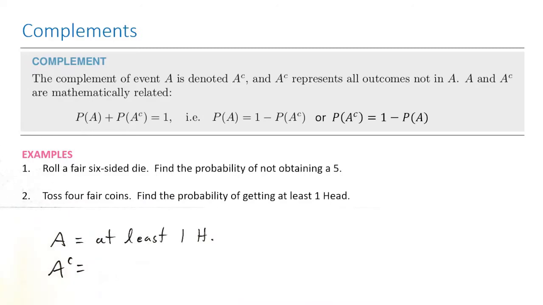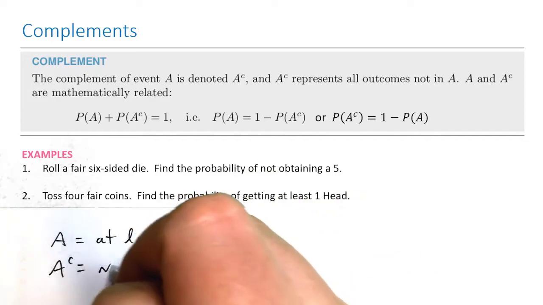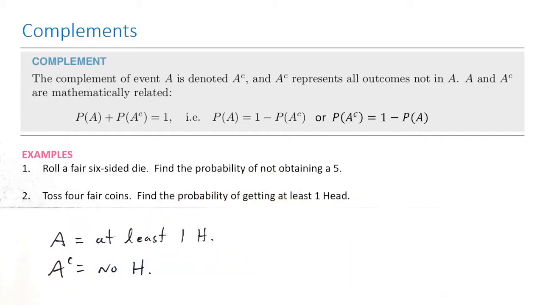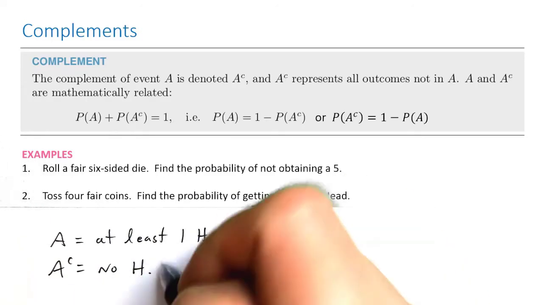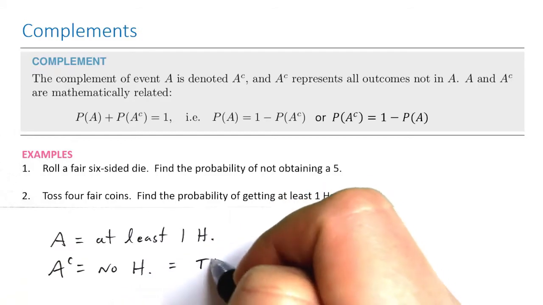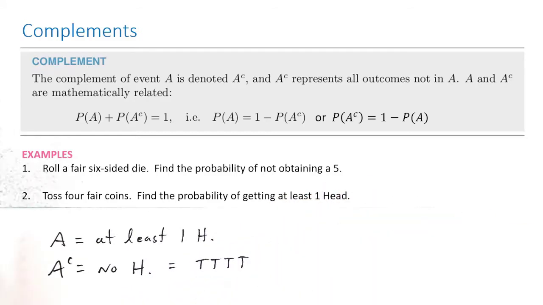The complement of getting at least 1 head, the opposite of this, is to get no heads at all. 0 heads. There's only one way that this can happen. A complement is the same as getting all tails. Tail, tail, tail, tail.